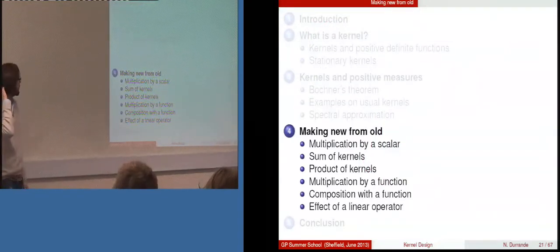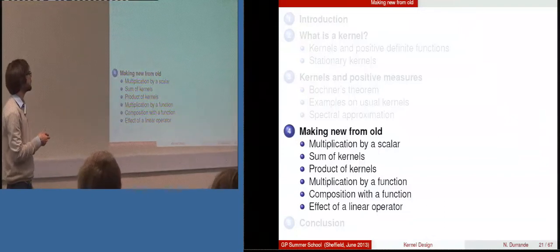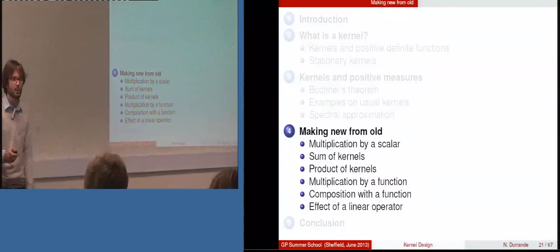So now we've seen the definition of a kernel, that kernels correspond to positive definite functions, and that in the stationary case we have Bochner's theorem, which allows us to create new kernels or to check quite easily if a function is positive definite or not. But in the non-stationary case we don't have many results.